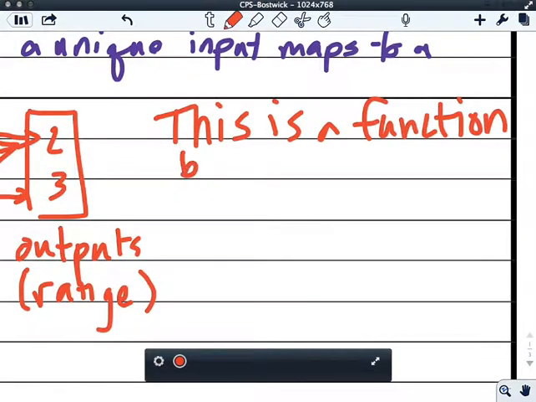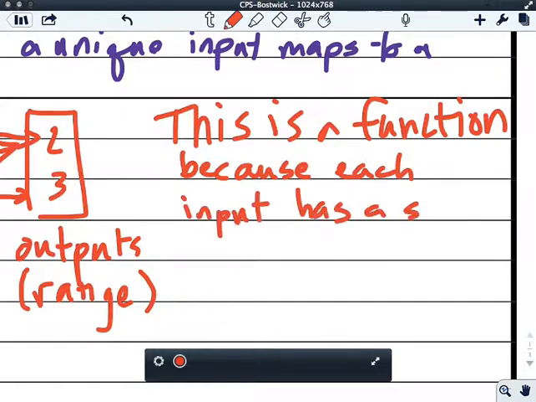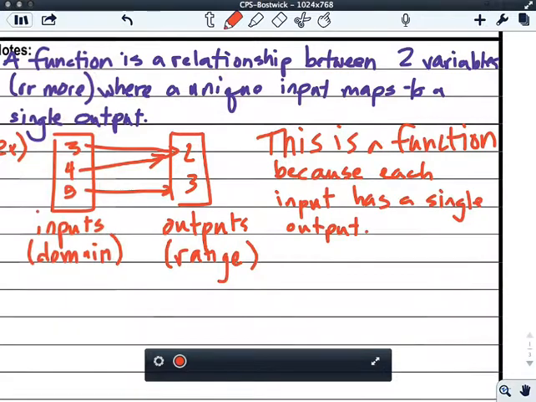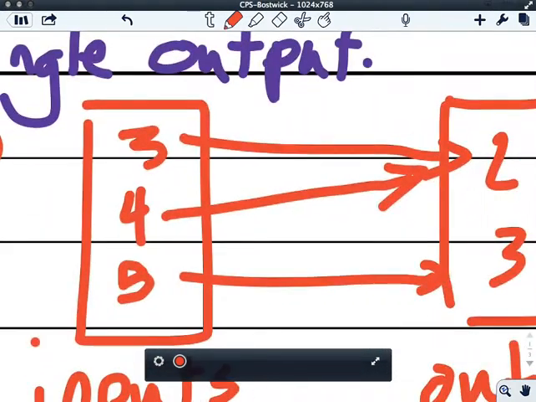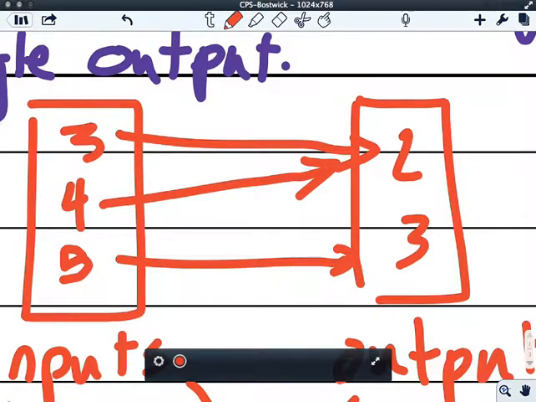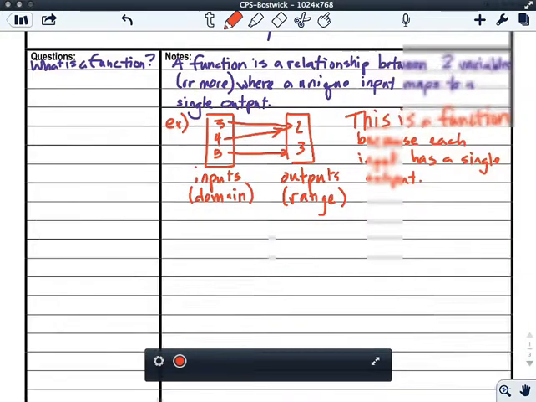This is a function because each input has a single output. Now, what you can notice about that is that you have two inputs, 3 and 4, that are both mapping to the output 2. That's okay. It's okay for outputs to get repeated, but it's not okay for inputs to repeat and have different outputs. So that's an example of a function.